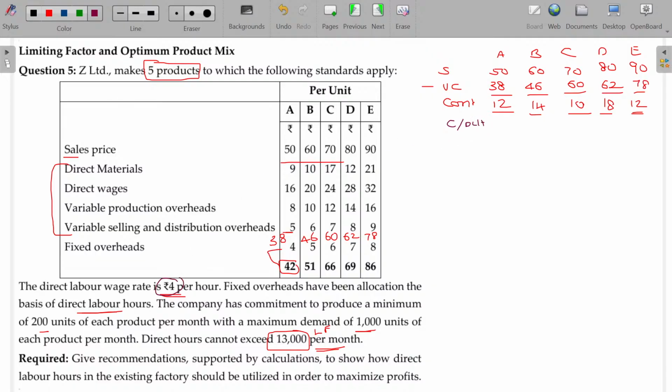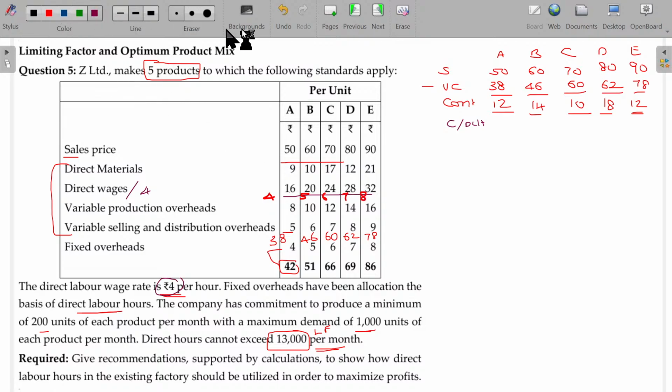Per hour 4 rupees. Direct wages information is given here. From this it is very clear. You can calculate the number of hours easily. You divide the direct wages by 4 rupees per hour to find out the hours. 16 by 4. So this is 4, this is 5, this is 6, 7, 8.